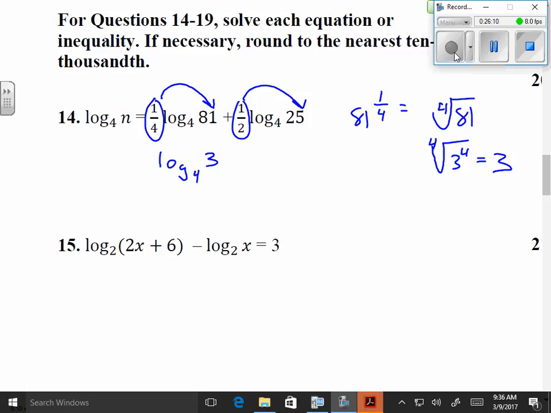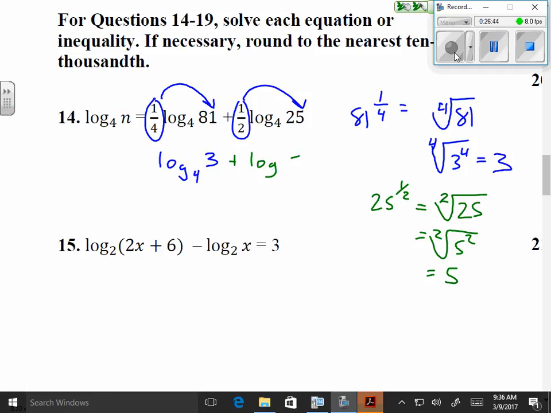If 81 to the 1/4 is the 4th root of 81, what do you think 25 to the 1/2 is? Square root of 25. 25 is 5 squared, and the square root of 5 squared is 5. So we end up with plus log 5, still equal to log base 4 of n.